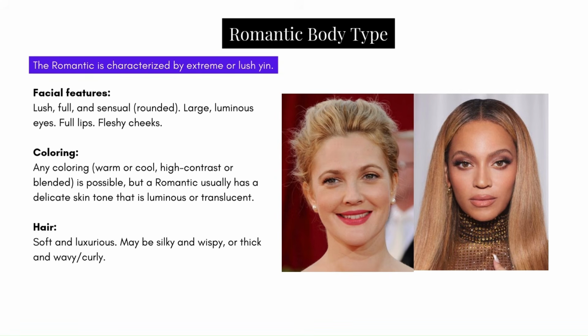Again, we're going to stick to that first sentence where basically anything is possible for all body types. Likewise, hair, soft and luxurious, may be silky and wispy or thick and wavy or curly. Again, I would add that anything is possible for any of the body types when it comes to hair, texture, and coloring, and all of that.